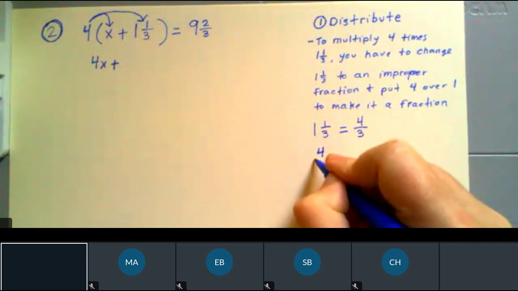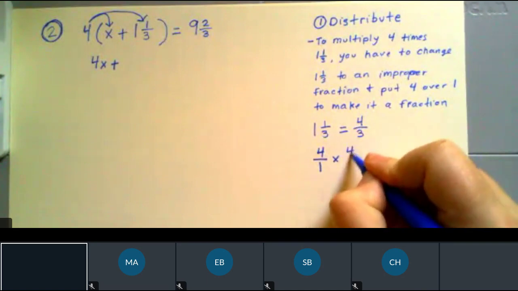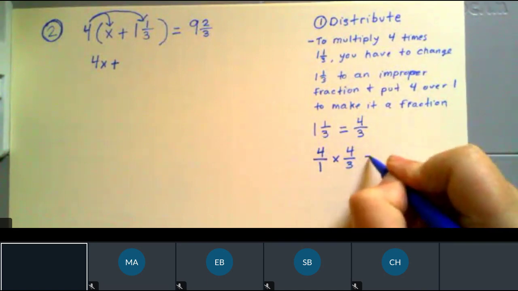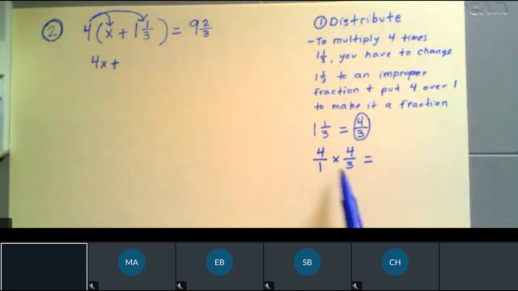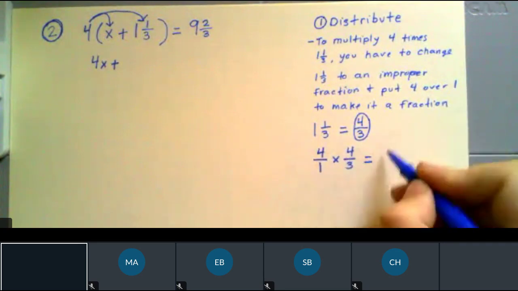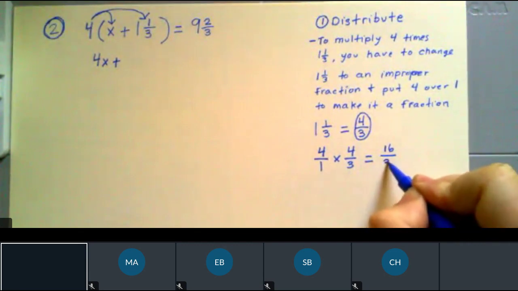So 4, remember, we got to put it over 1 times 4/3. Circle that. Okay, so remember, when you're multiplying, you just multiply the numerators, multiply the denominators. 4 times 4 is 16. 1 times 3 is 3.